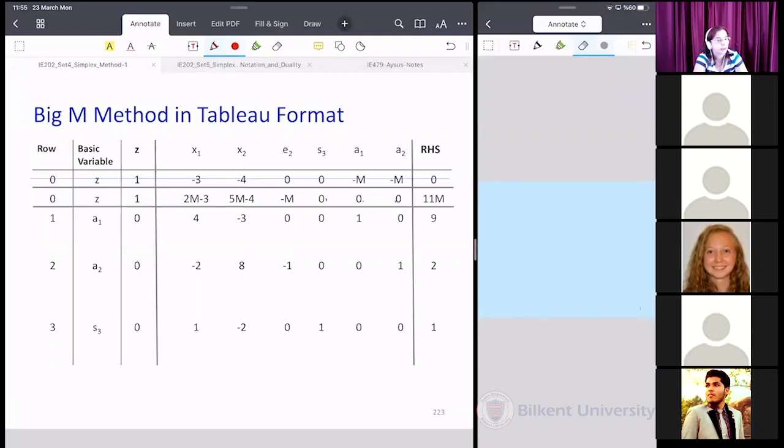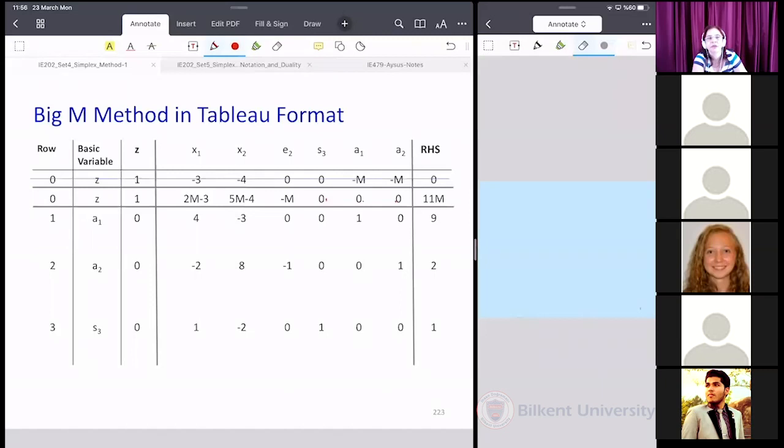All right. This is a minimization problem. So who is entering? I'm looking at my participants. Raise your hands. Which variable is entering? Which variable is entering? Come on. Simge, can you say which variable is entering?